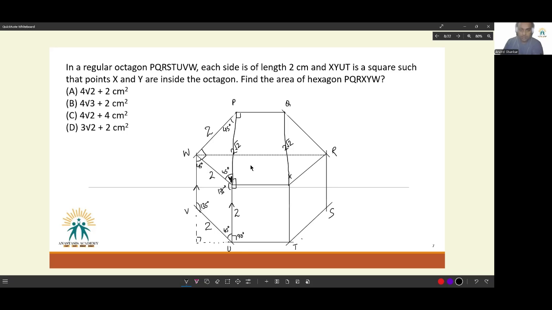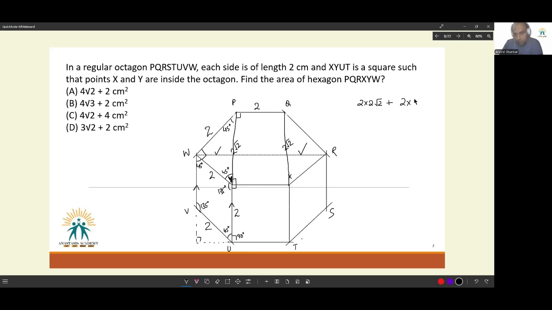So now, essentially, see what we are looking for. Area of rectangle PQXY, whose length is 2, breadth is 2 root 2. So we have 2 into 2 root 2 plus, look at the area of this triangle PWY. Area of this triangle will be identical, PWY and QRX.